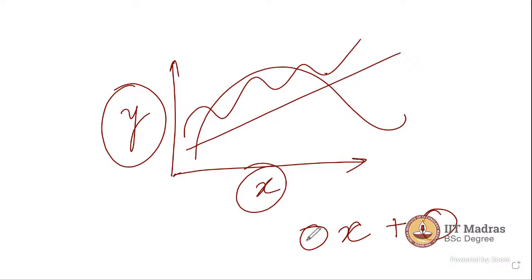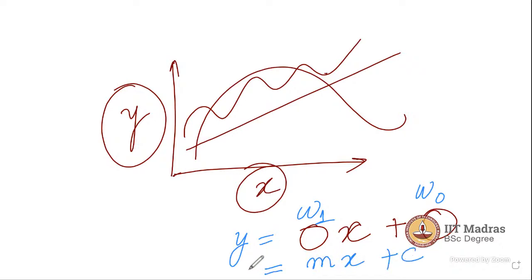If you have gone through the videos, sir represents this with W1 and W0. This is one representation of the model, which is equivalent to y equals mx plus c. Can anyone tell me what kind of equation this is? Line equation. Exactly, linear. This should be a line. So let's go back to our website.